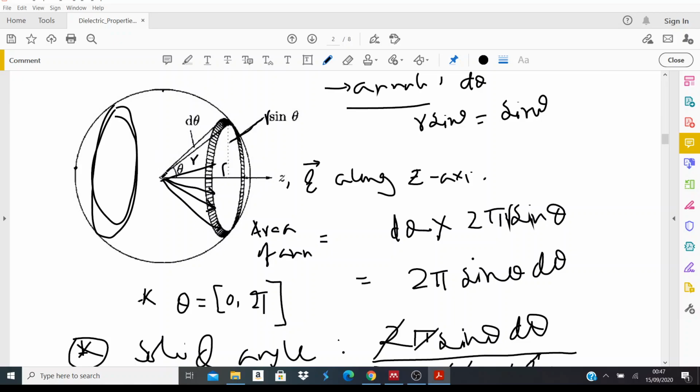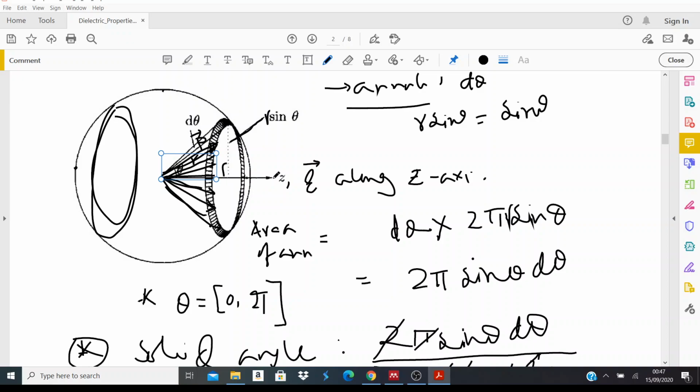But let's say some of them are lying on this annulus, and every one of them is making an angle theta with the vector. Let's say some vector here has a dipole moment P along this direction. What is the contribution along the z-axis? That's what we want to calculate.